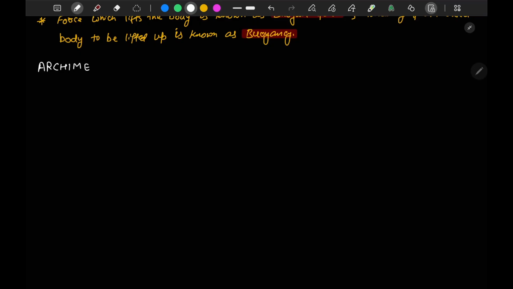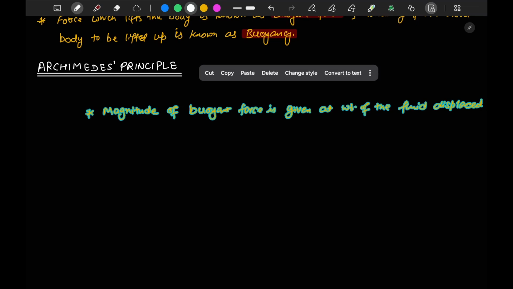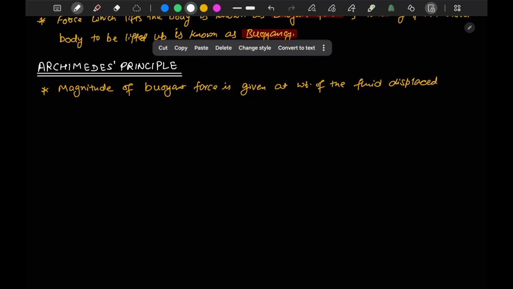As I mentioned earlier, Archimedes principle tells us that the magnitude of buoyant force is equal to the weight of the fluid displaced.